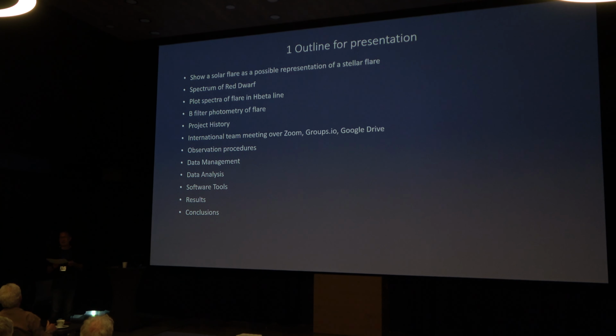Now for this particular star, EV Lac, it has a rotation period of around 4.3 days. It's at magnitude 10.09, spectral type M3.5, and it's at a distance of approximately 16.5 light years.